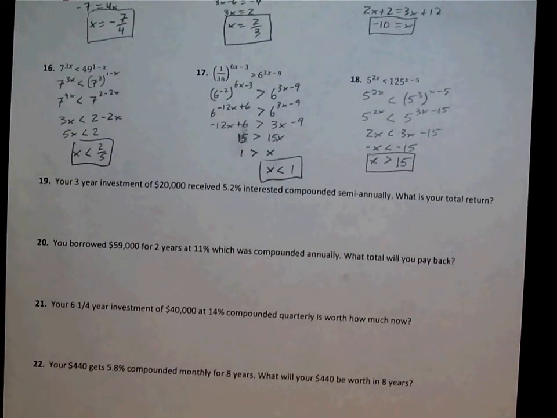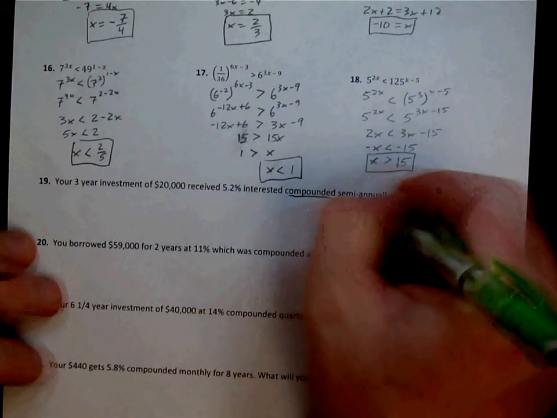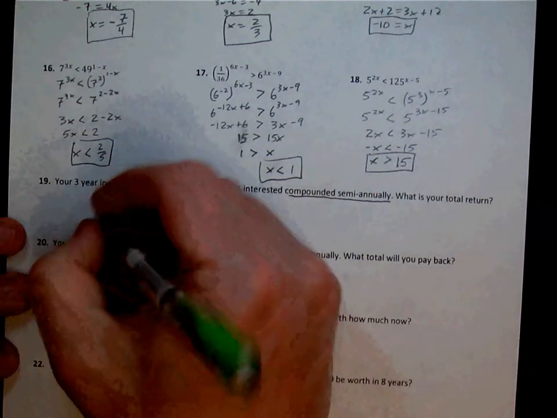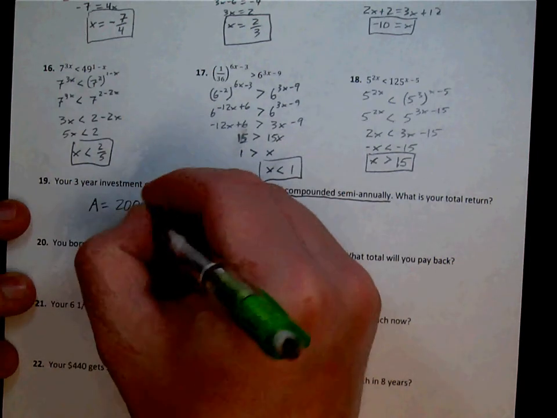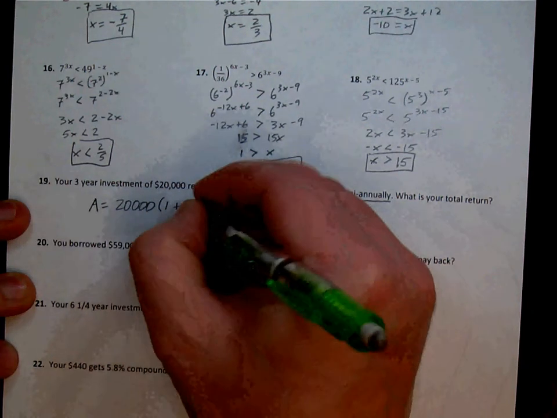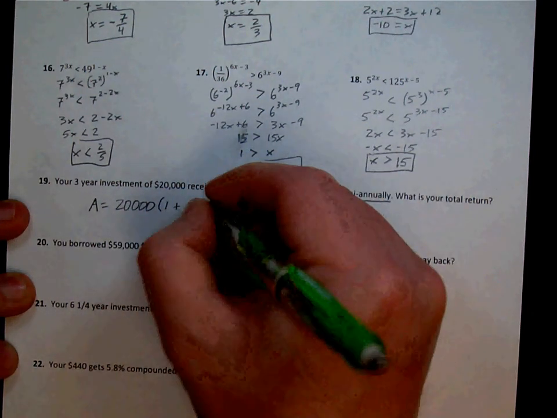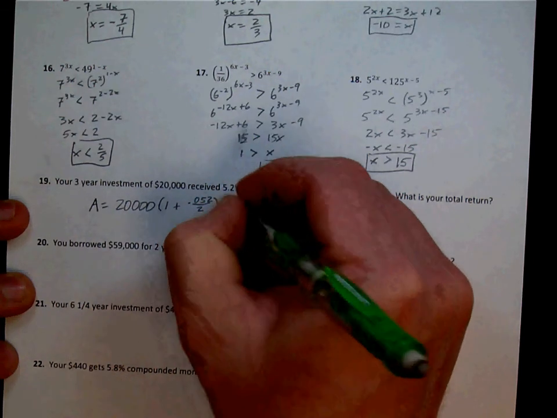Okay, number 19. You're investing money. It's compounded semi-annually, so it's going to be twice a year. So we're investing $20,000. Our rate is 5.2%, so 0.052. Semi-annually is twice, so we're dividing that by 2.